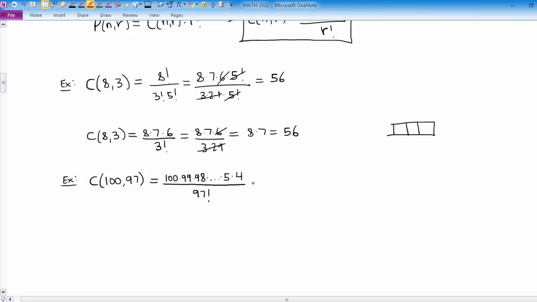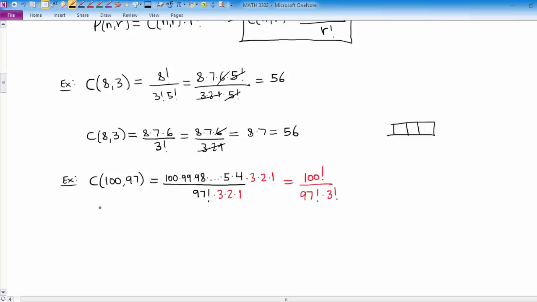I can simply multiply this by 3 times 2 times 1, and then divide by 97 factorial times 3 times 2 times 1. This will give me 100 factorial divided by 97 factorial times 3 factorial. So you can easily get the formula without remembering the formula for combinations, by simply remembering that combination comes from permutation divided by r factorial.